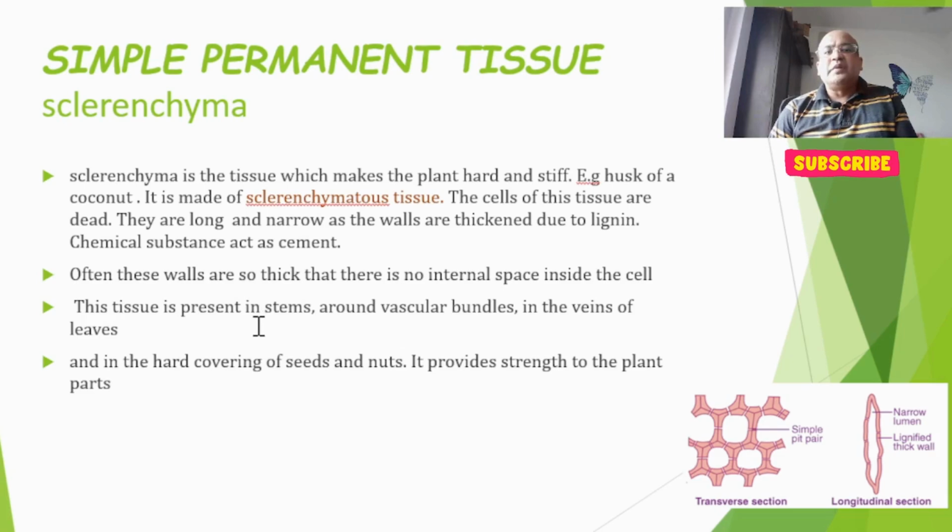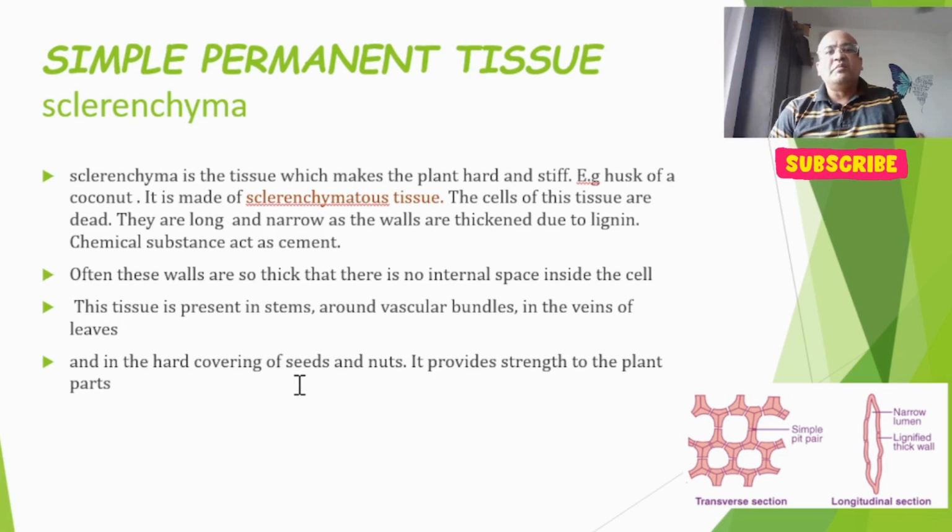This tissue is present in stems, around the vascular bundles, in the veins of the leaves, and in the hard covering of the seeds and nuts. It provides strength to the plant parts. So the strength is imparted by the sclerenchyma.